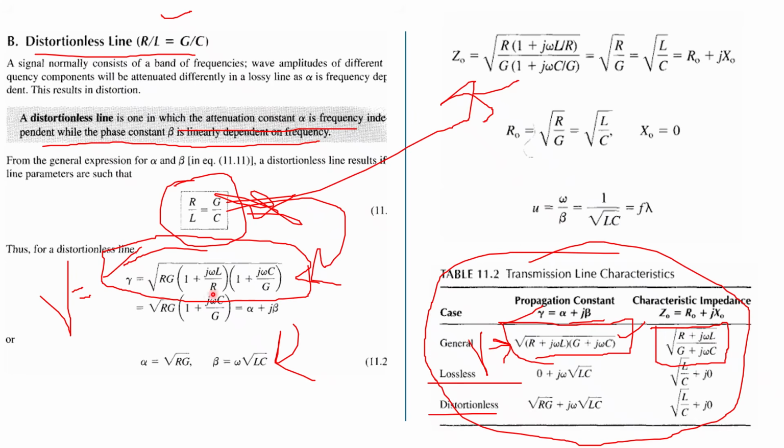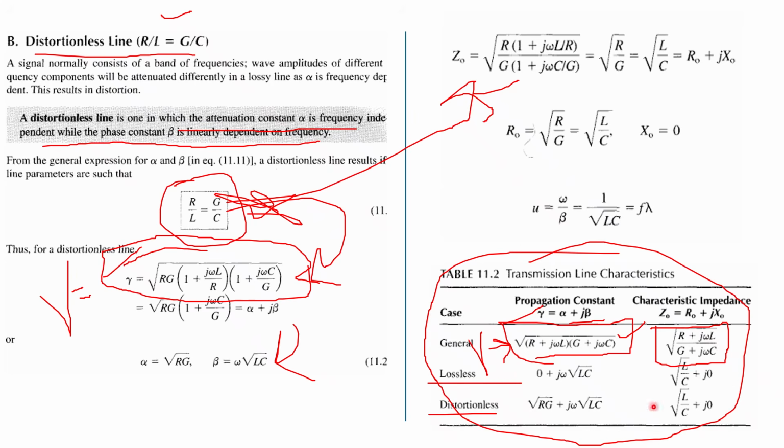So put this condition in these equations and you will get the special results, and also use this equation to find the impedance, and with this special condition you will get the square root of L by C. So now if you check, the impedance is the same for both the lossless line and the distortionless line. And normally impedance will be square root of (R plus j omega L) divided by (G plus j omega C).